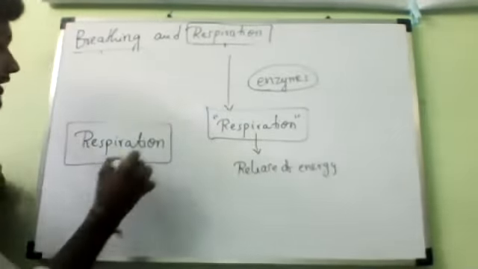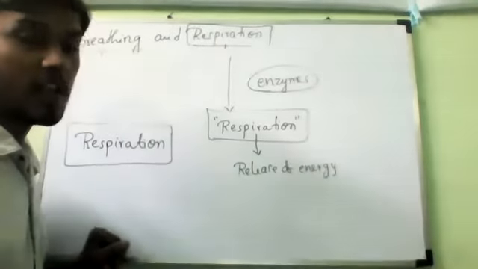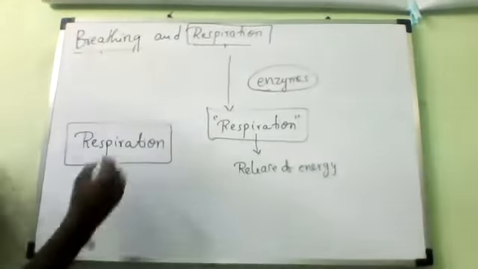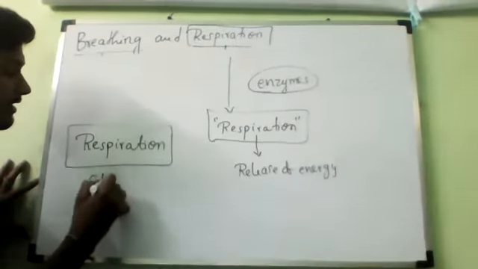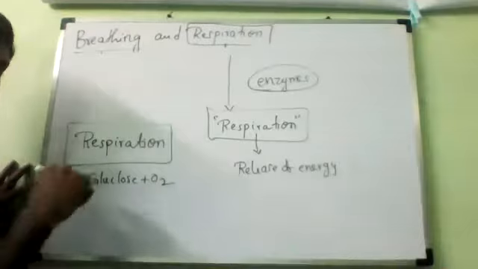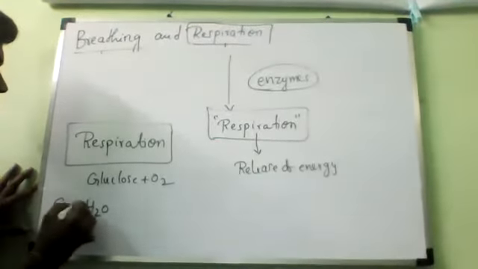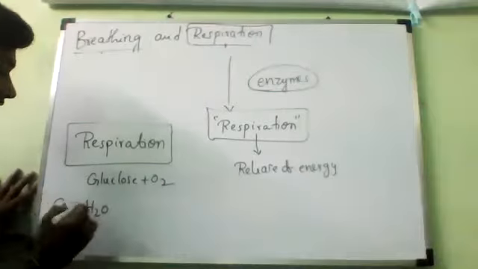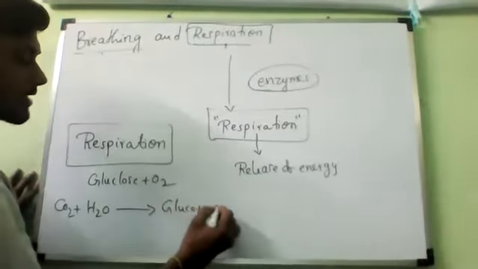Respiration is just opposite to another reaction. Photosynthesis, sir. Respiration, what are the raw materials? Oxygen and glucose. But there, what are the raw materials? Carbon dioxide and water. They will produce glucose and oxygen.